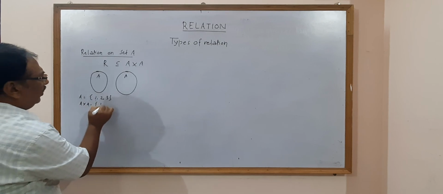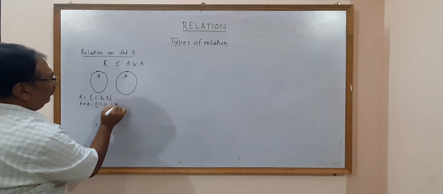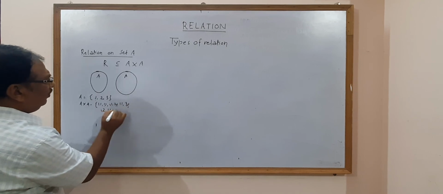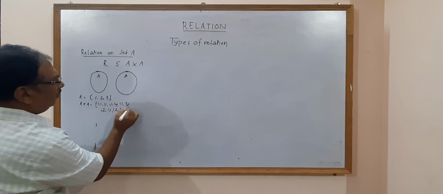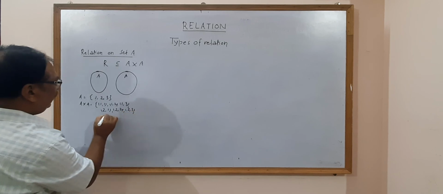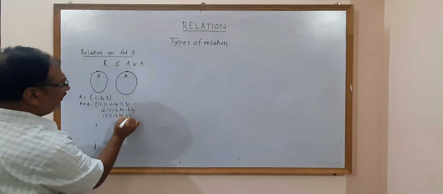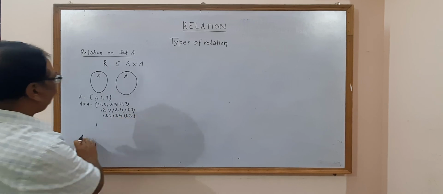That is (1,1), (1,2), (1,3), (2,1), (2,2), (2,3), (3,1), (3,2), (3,3). This is A cross A.